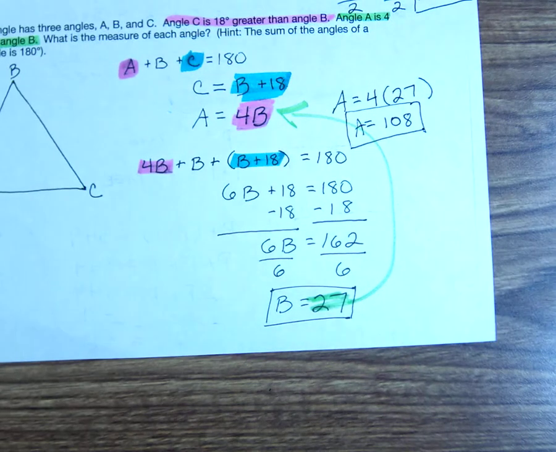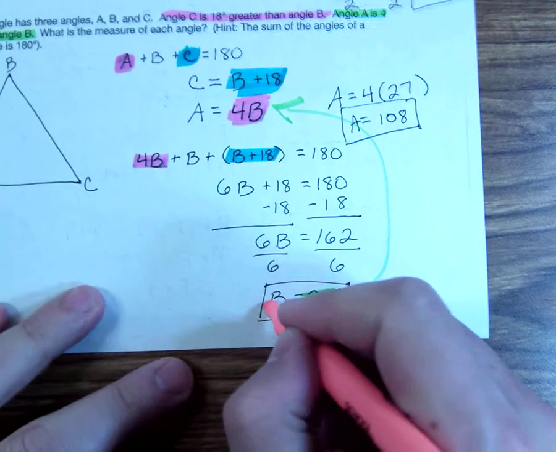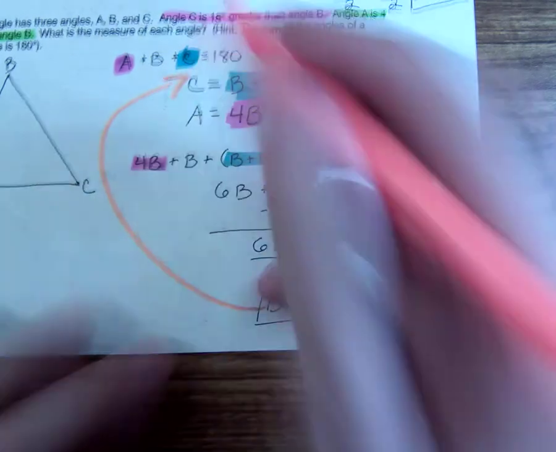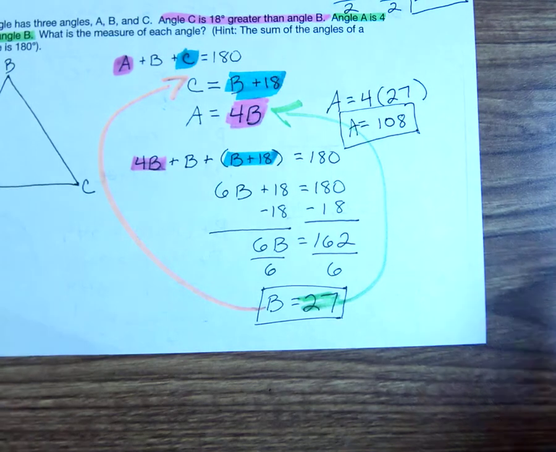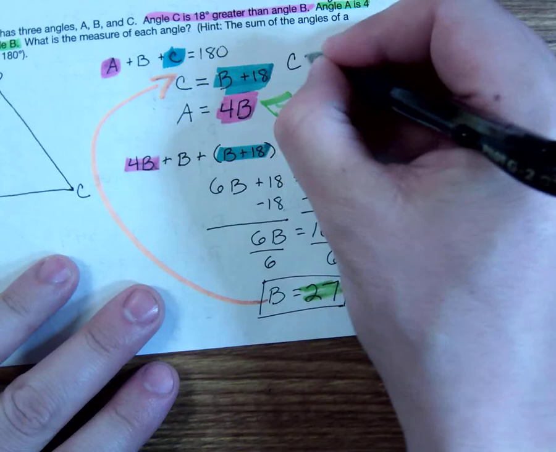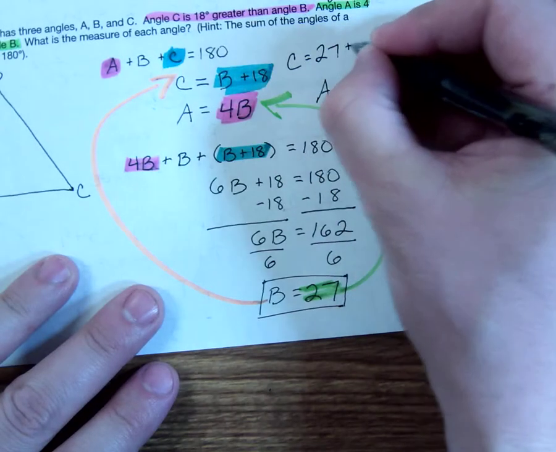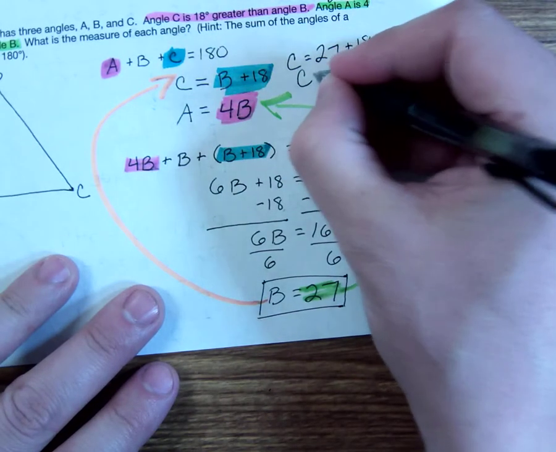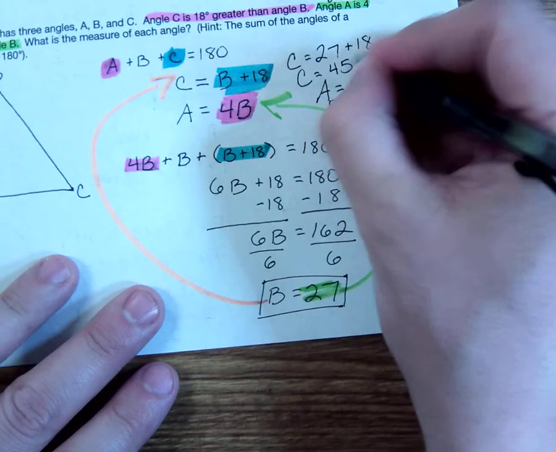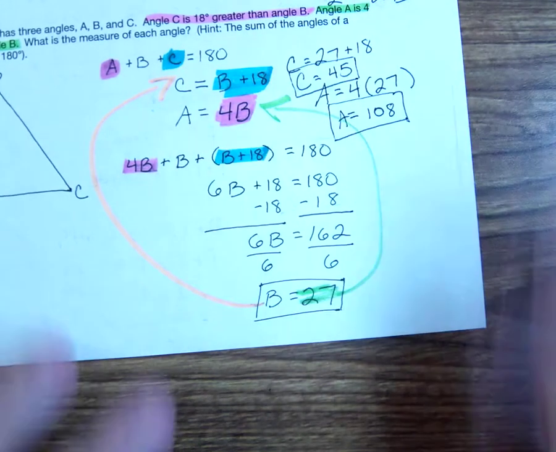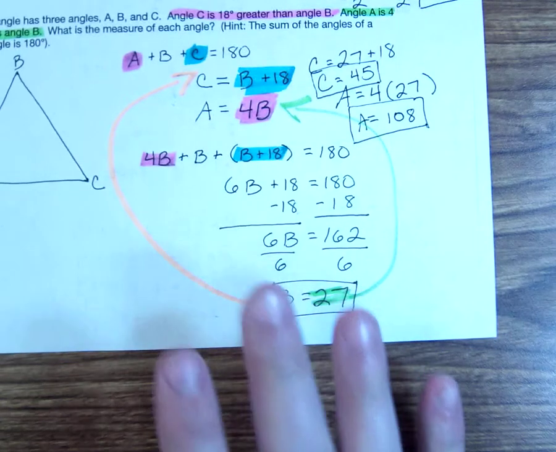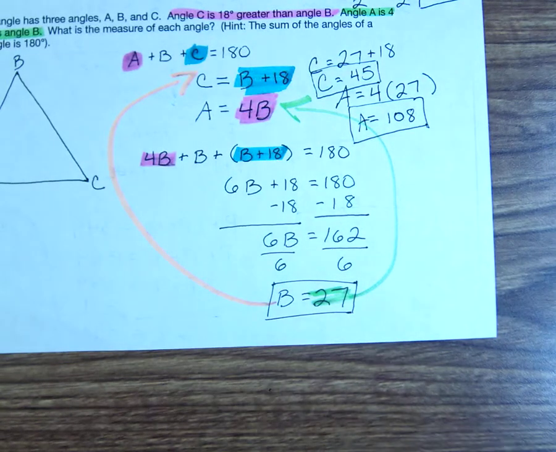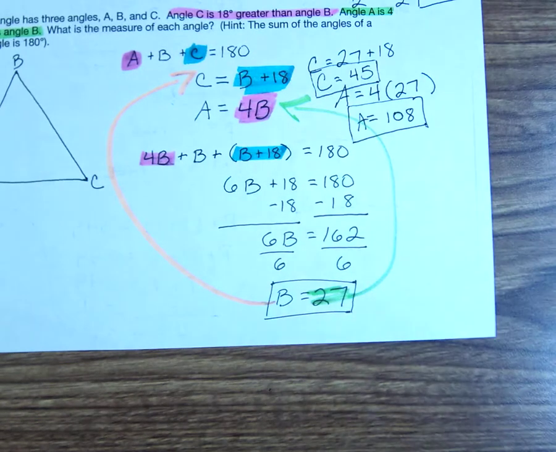And it's also really easy to figure out angle C, because angle C was B plus 18, and I know that B is 27, so C equals 27 plus 18, which means C is equal to 45. And then I could check and make sure that I knew what I was doing by adding C plus A plus B, adding all three of those together to see if it equals 180. You can take my word for it, it does.